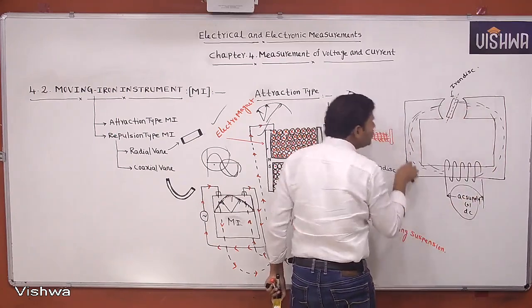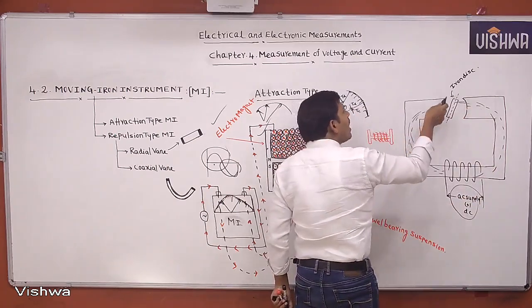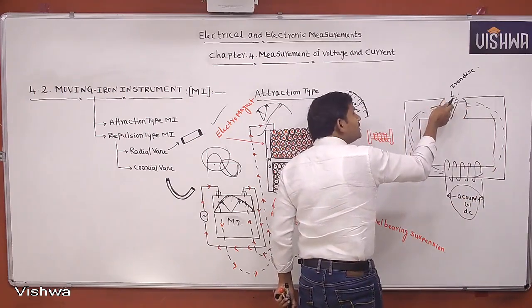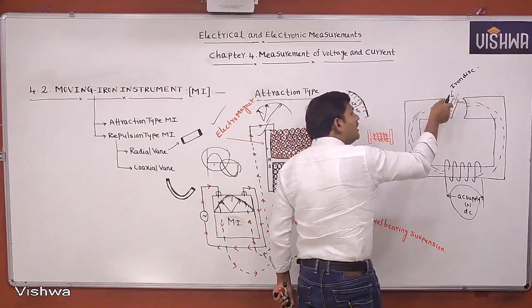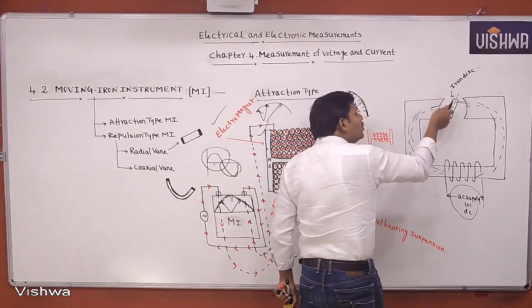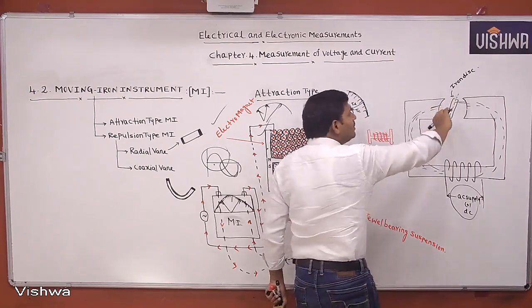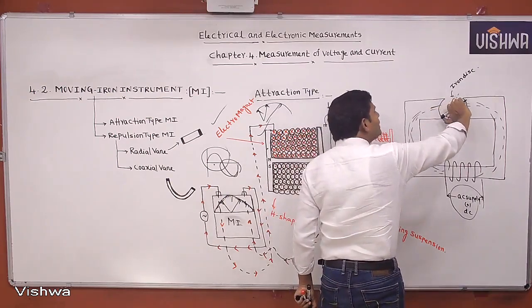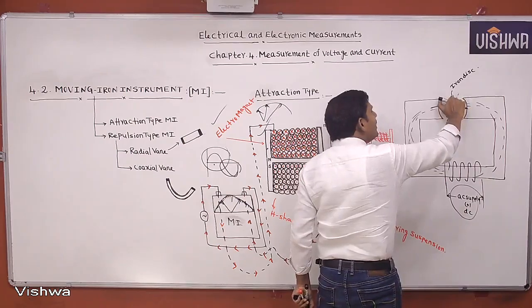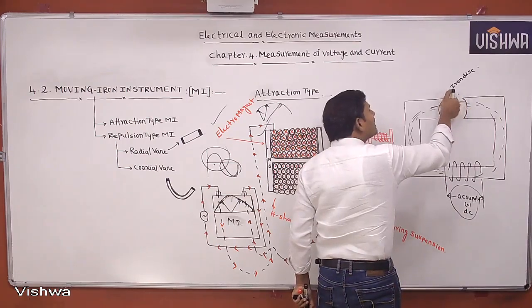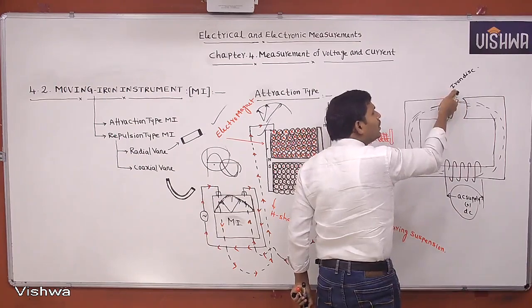Whenever it produces the magnetic field, the iron disc always tries to align to offer the low reluctance path. That means this iron disc continuously rotates in such a way that it offers a low reluctance path.